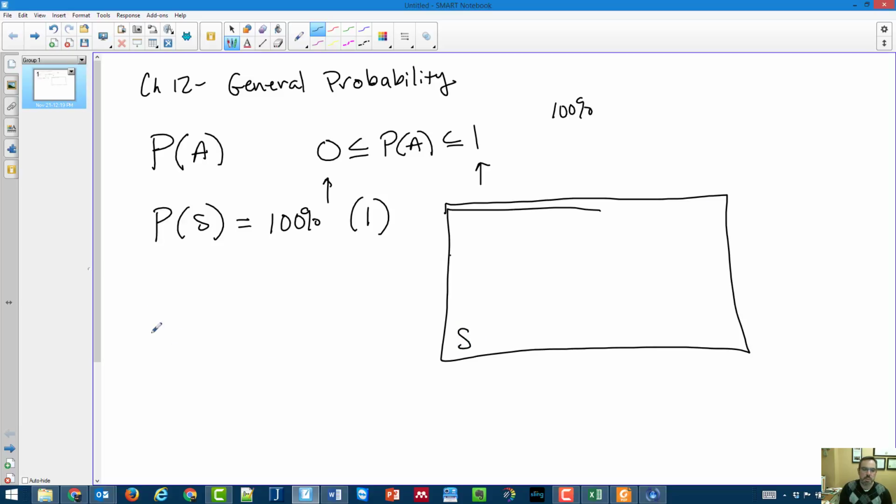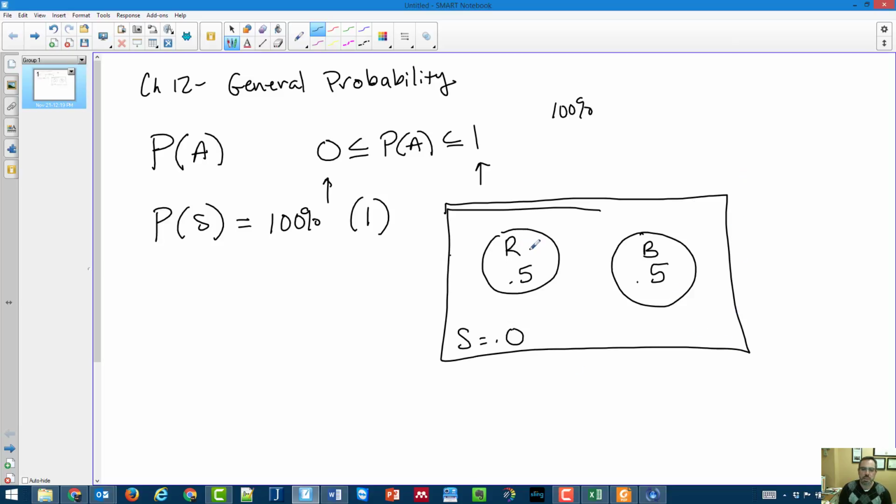All right, so let's imagine that we are talking about a deck of cards. In a deck of cards, 50% of the cards would be red, and 50% of the cards would be black, and none of the cards would be outside of either of those. So when I'm looking at this Venn diagram, this sample space is all 52 cards.